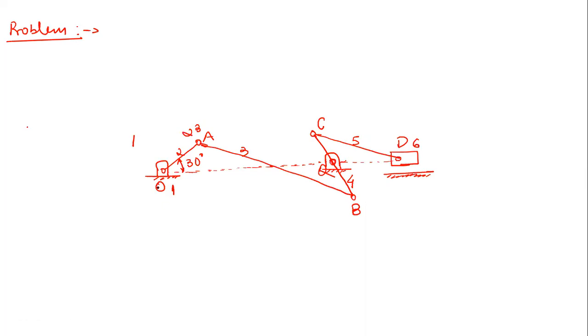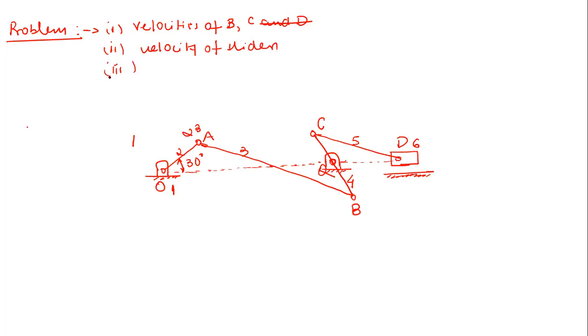So first of all, what you have to find out is the velocities of the intermediate points. Intermediate points, that means B and C. And then second, you have to find out the velocity of the slider.